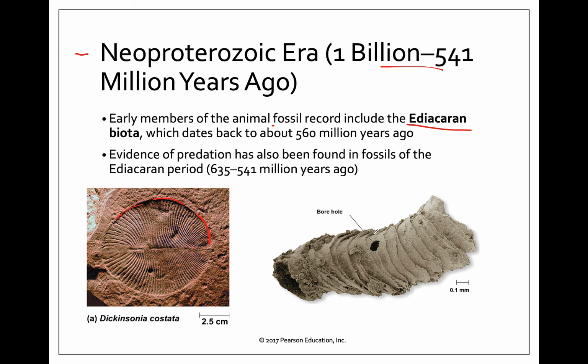This one has a hole in it, indicating that some animal likely drilled into it to eat it as food. These first animals are all aquatic, so these would all be found in the ocean. They're not really highly terrestrial at this point. And these are named Ediacaran because they were found in the Ediacara Hills of Australia. That's where the fossils were found.